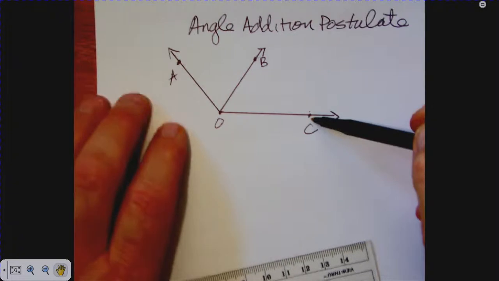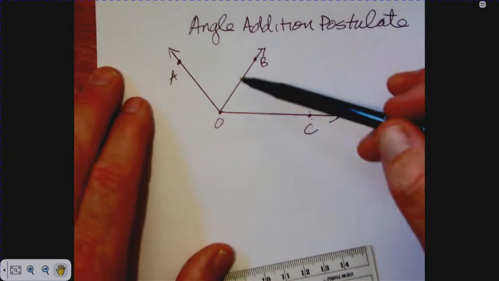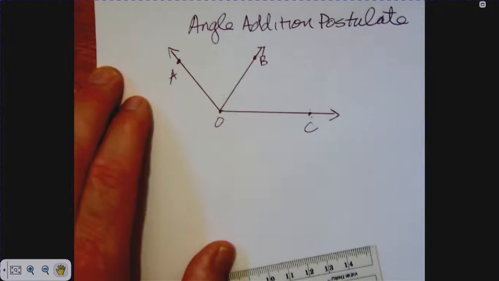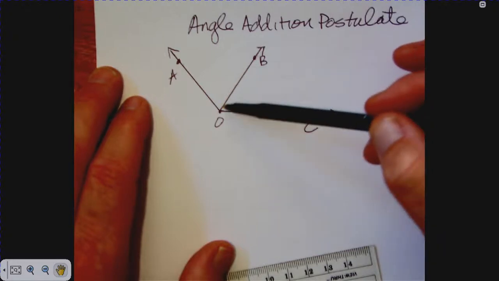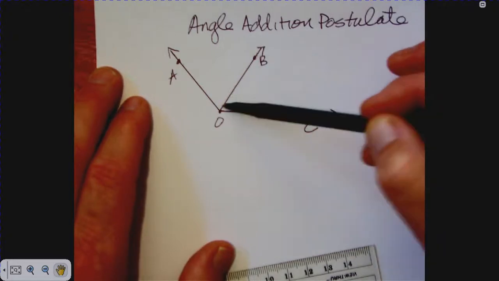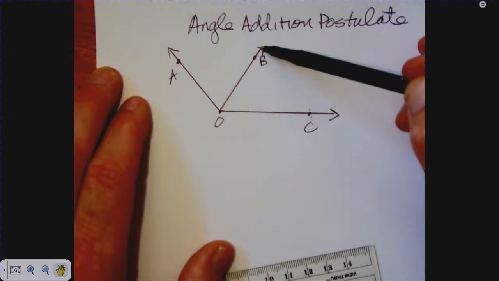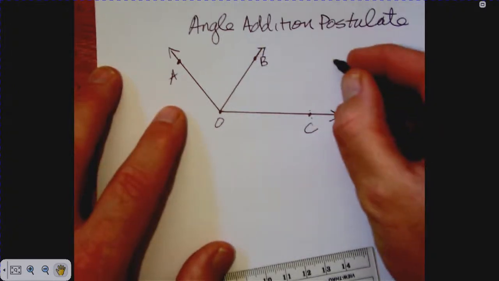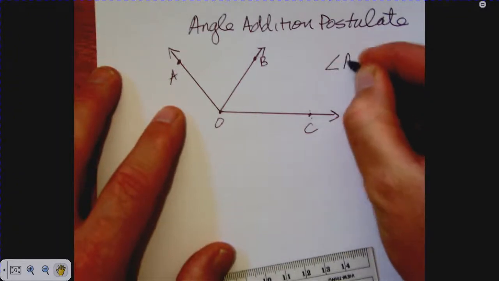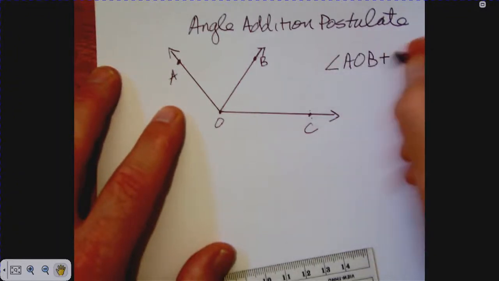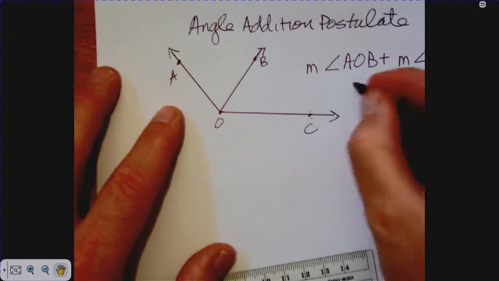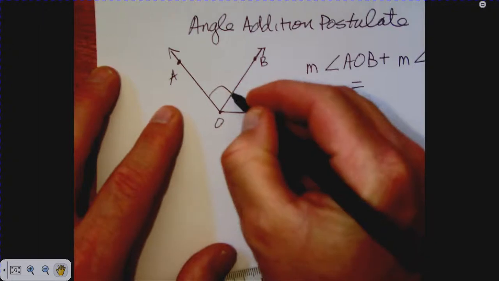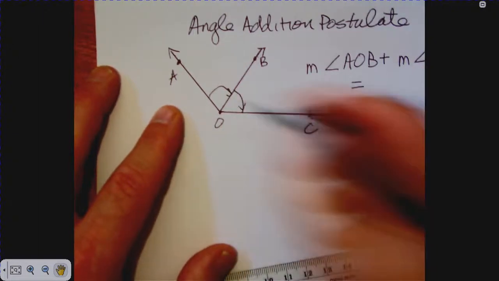Well, the angle addition postulate says if I take these two angles with the common interior ray here, notice they don't overlap, they just have this common interior ray, then the measure of angle AOB plus the measure of angle BOC is going to equal the big angle.